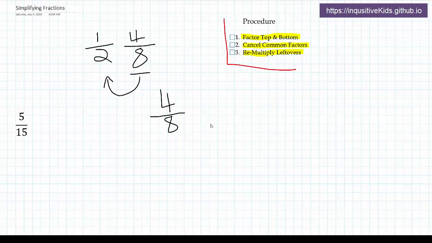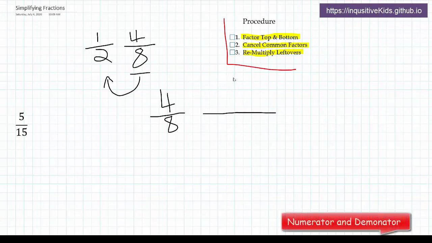4/8. First, we factor the top and bottom numbers. What you do is you draw a line, and on top is where you write the factors of the top number, while on the bottom side is where you will write the factors of the bottom number.